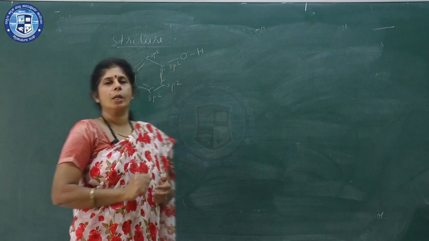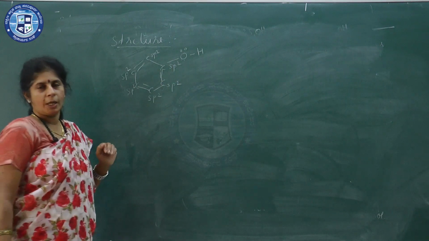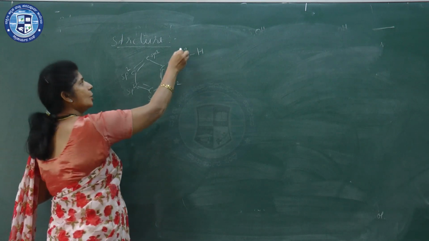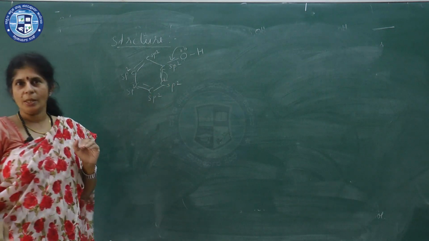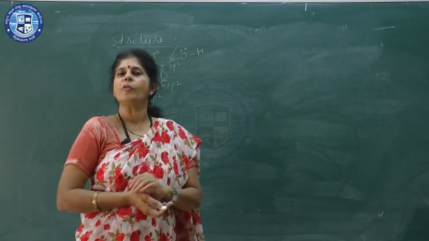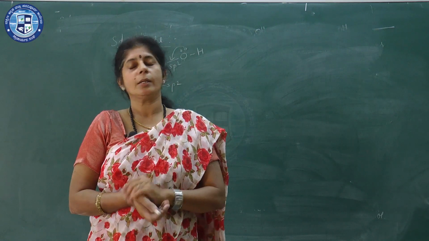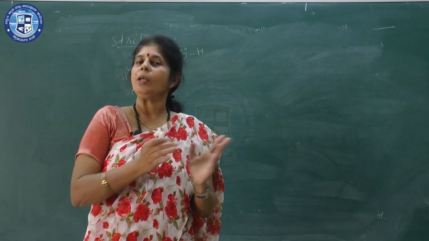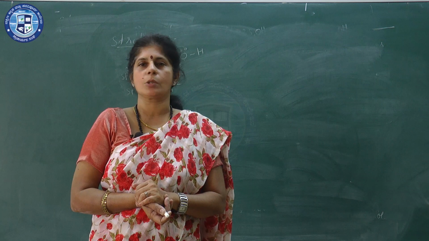And moreover, the oxygen atom has 2 lone pairs of electrons. So this lone pair of electrons is involved in the resonance. That means the lone pair of oxygen is not present only on the oxygen atom. They are shifting towards the ring structure, giving different resonance structures.